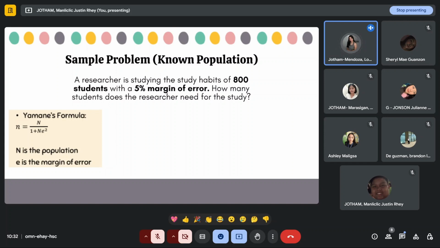What would be the correct sample size? Okay, Brandon. 267 students po, ma'am. Okay. That's correct.